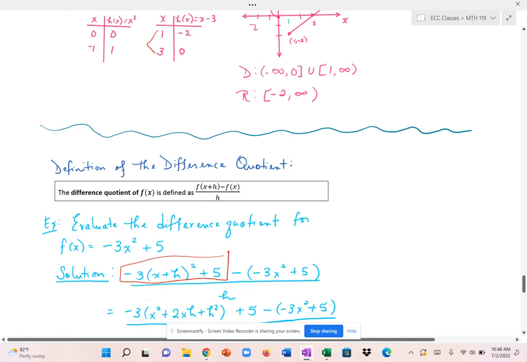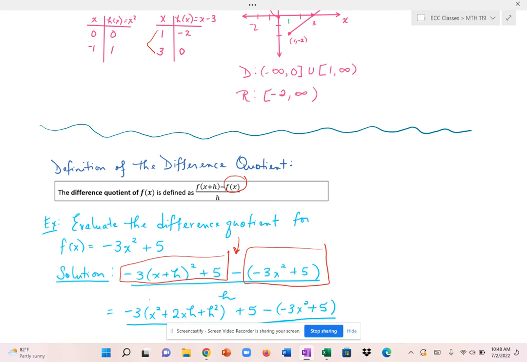Then the second part of the definition says minus f of x. So that's this piece. You're going to want to put that in parentheses because this minus belongs to both terms in that function. All over h.